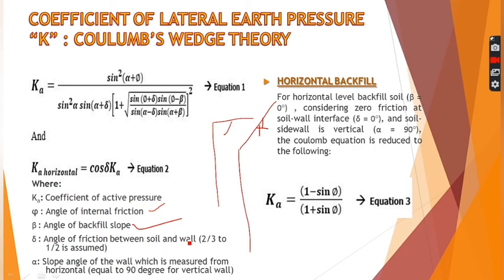Delta is the angle of friction between soil and wall. The angle of friction between soil and wall depends on the type of interface, that is the material of the wall, and is usually taken as 2 by 3 to 1 by 2. Next is the slope angle of wall, which is measured from horizontal. I will show you from the previous slide.